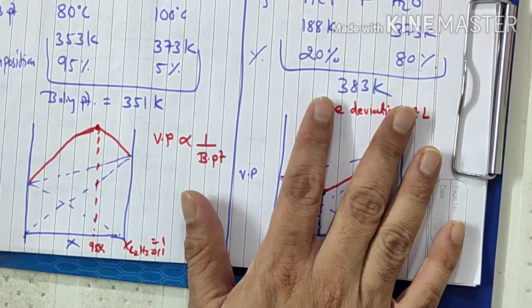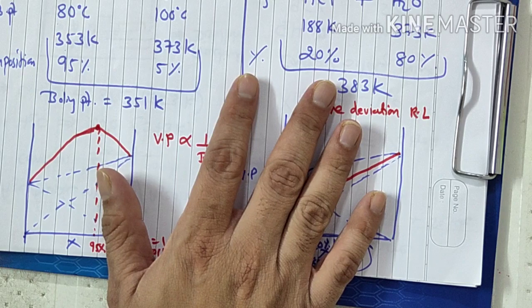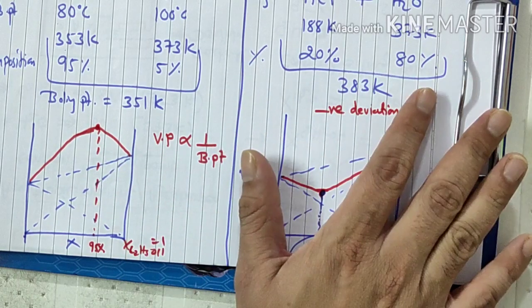Always remember one point: fractional distillation and azeotropic mixture.